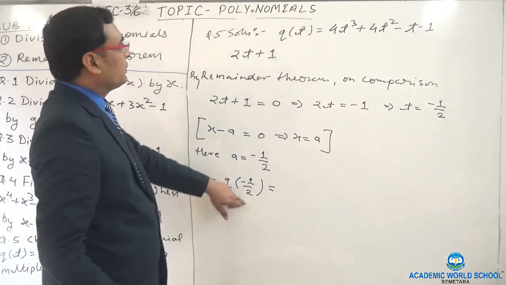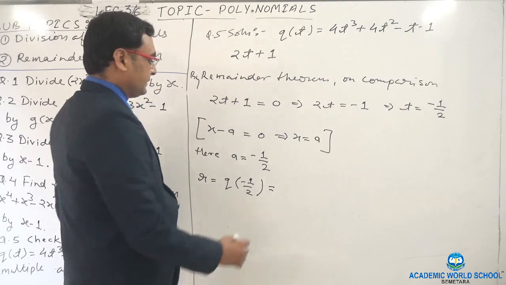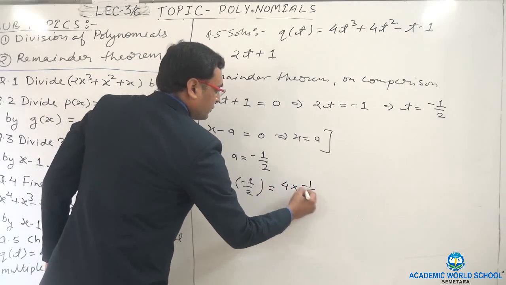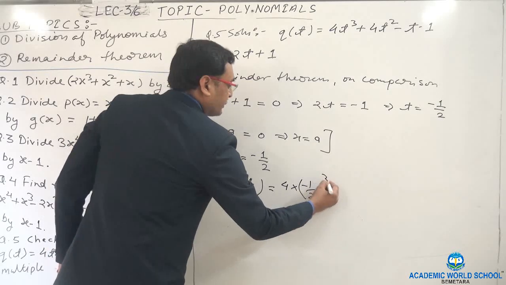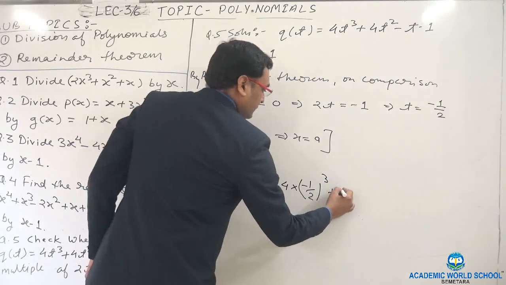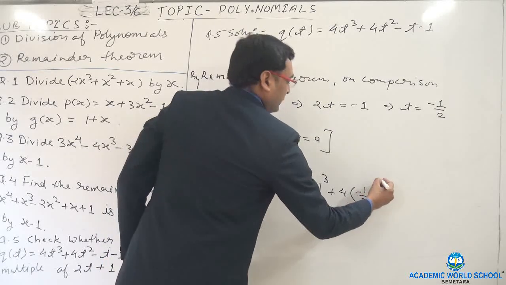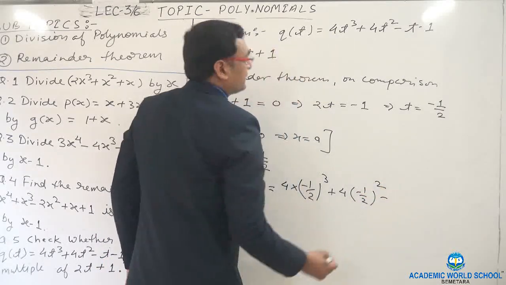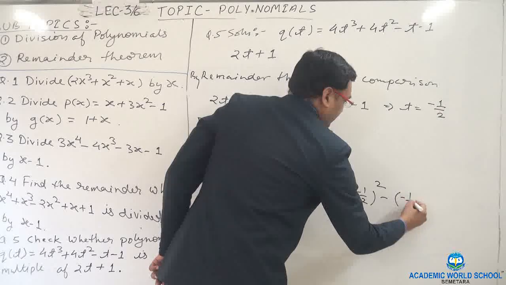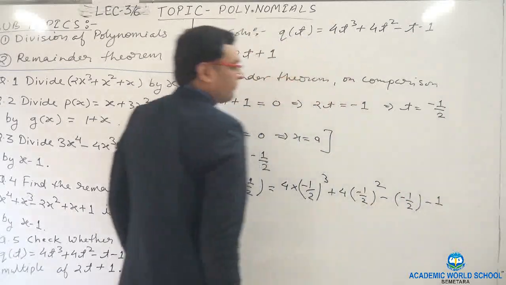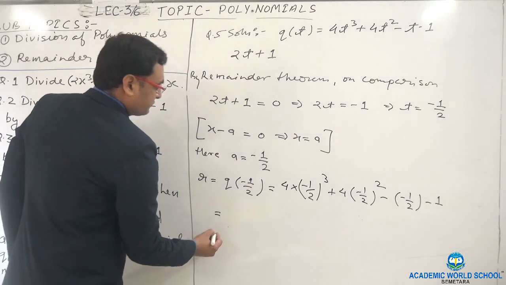Put this minus 1 upon 2 at the place of t here. So 4 into minus 1 upon 2 whole cube plus 4 into minus 1 upon 2 square minus 1 upon 2 minus 1. Solve it further.